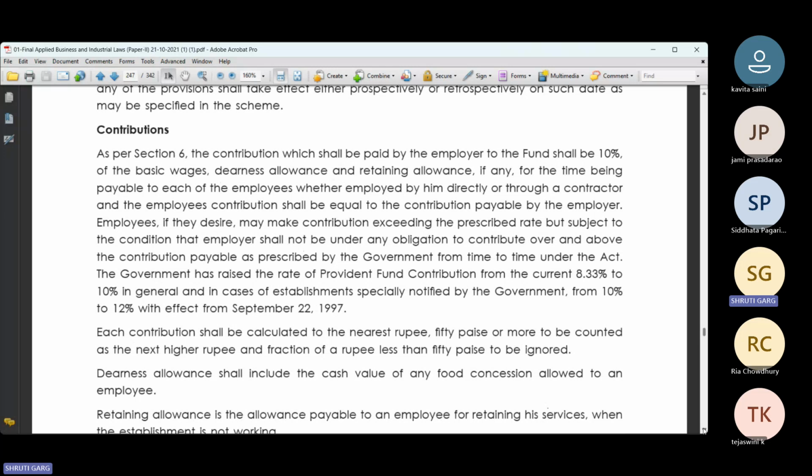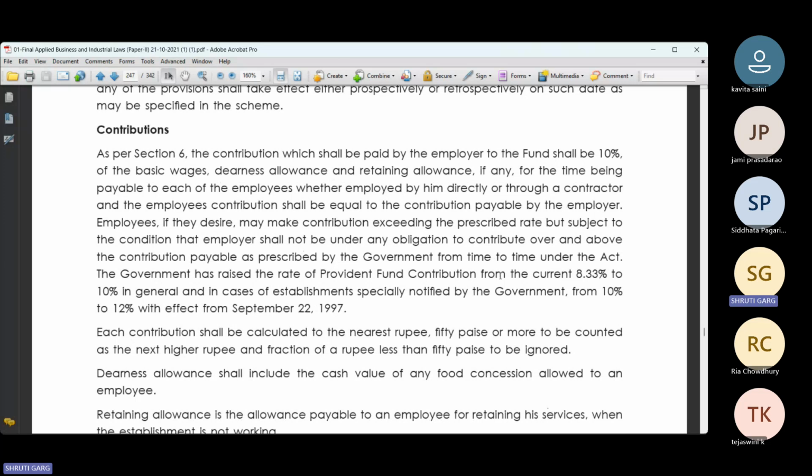Now, what rate of contribution? See, just like in insurance, ESI, employee state insurance, the employer also makes a contribution, the employee also makes a contribution, right? In that case, same thing, employer and employee will make the contribution.